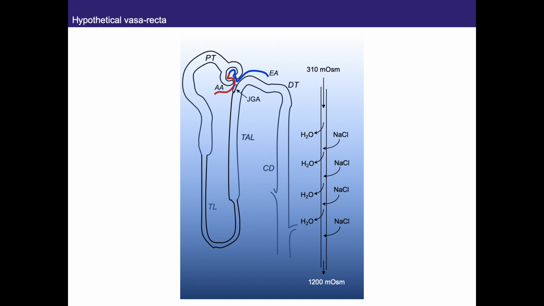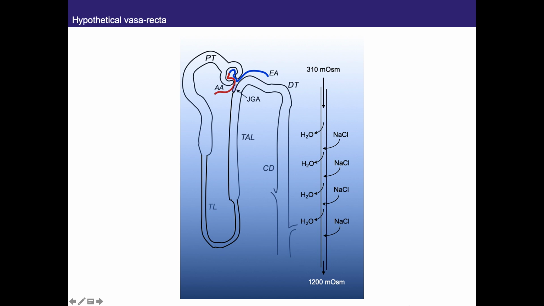If it was linear like this, the blood would actually take up more and more salt as it entered into the intermedullary region. And it would just wash the salt away, right? It would just erode that osmotic gradient that was established by the loop of Henle. Water would be pulled out, salts would actually enter into the tube and then just be washed away.